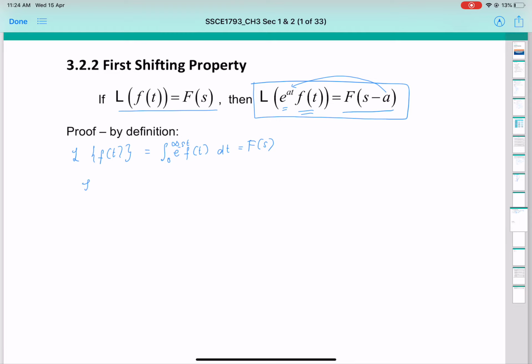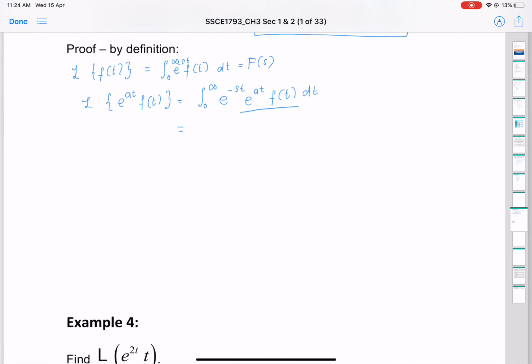So if I have the Laplace transform of exponent at multiplied by f(t), it will be equal to the integral from 0 to infinity of exponent negative st multiplied by exponent at multiplied by f(t). So this is our function now, right? So here it is equal to the integral from 0 to infinity of exponent negative t(s minus a) multiplied by f(t) dt.